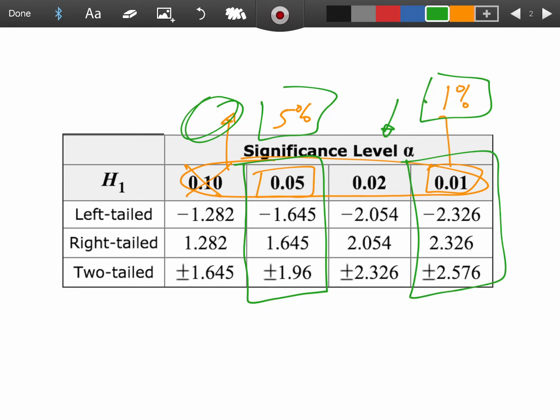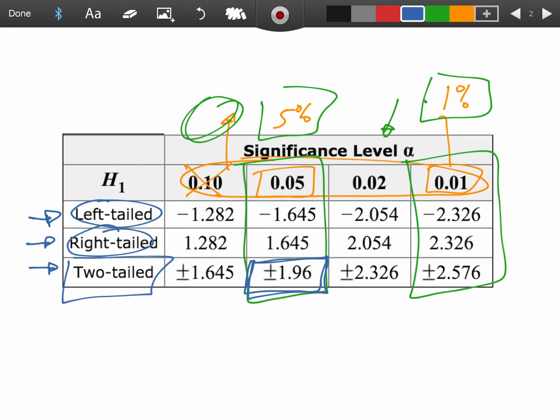And with that being the case, if you just use this table, it tells you, based on the type of test, are you doing a left-tailed test, a right-tailed test, or a two-tailed test? And we already said that we're doing the two-tailed test. So here are our critical values.